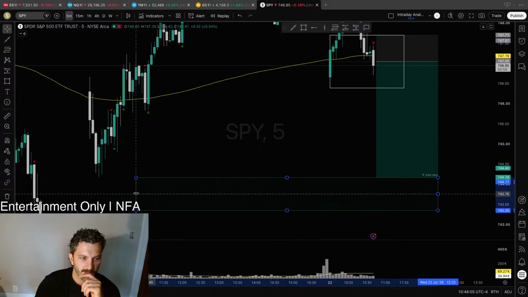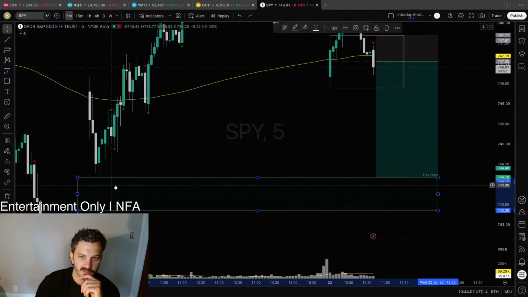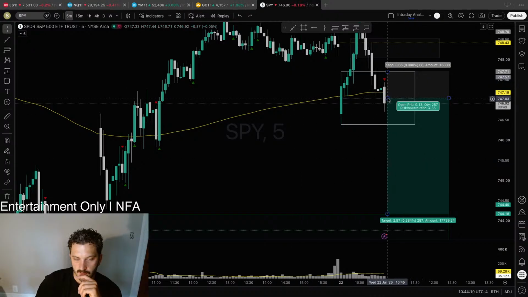Once again, we have this gap right here on SPY. Be interesting to see if that actually prints here.